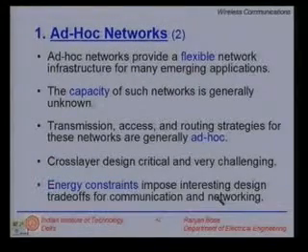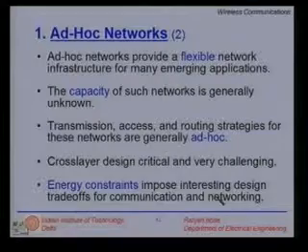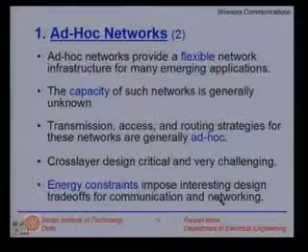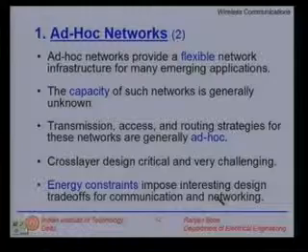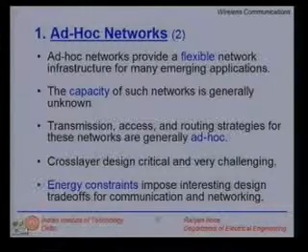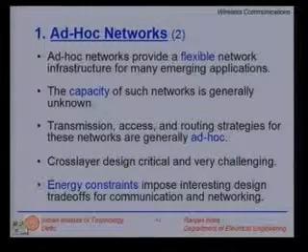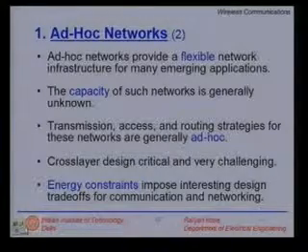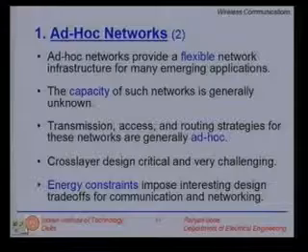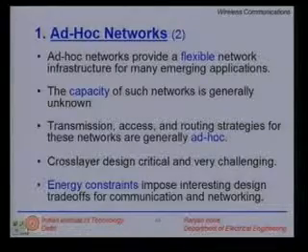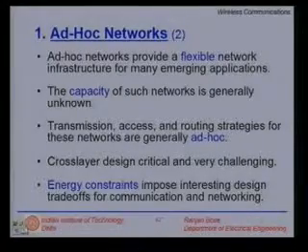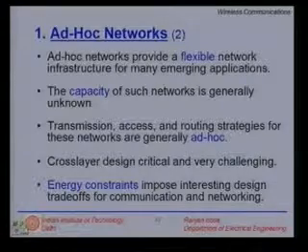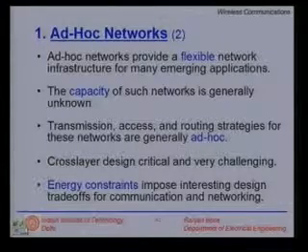Ad hoc networks provide a flexible network infrastructure for many emerging applications. The capacity of such networks is generally unknown, simply because we do not know how many nodes there will be at any time. The transmission, access and routing strategies for these networks are generally ad hoc.